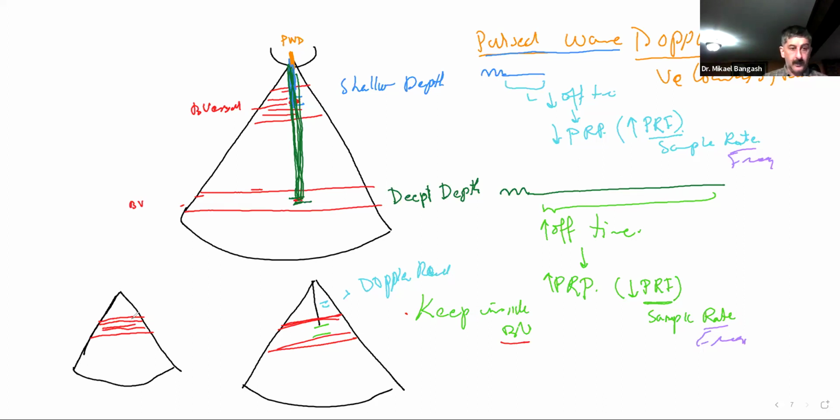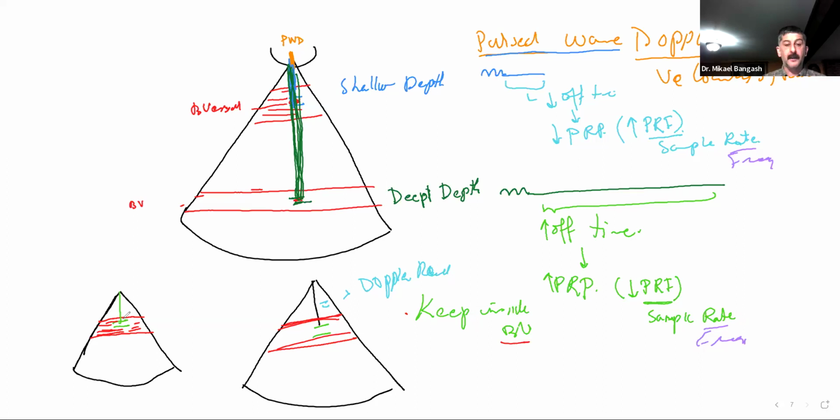In that case, first of all, you have to keep the sample window within the blood vessel, but it has to be like this. What you may see in your book is that it has to be parallel or longitudinal to the direction of the blood flow.